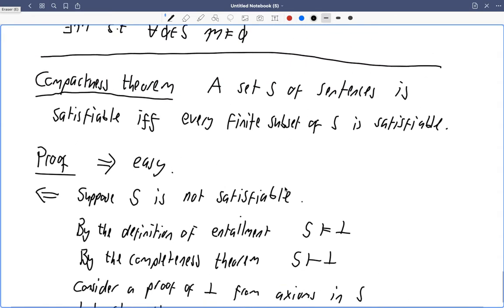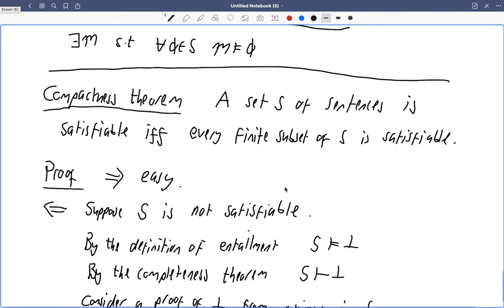Okay, so a very nice result, and it's kind of non-trivial because this tricky right to left direction is far from obvious, in that if you just knew that every finite subset of a set of sentences is satisfiable, then okay, for any finite subset we can find a structure, but that gives us no obvious way of building a structure that satisfies all infinitely many sentences in general.